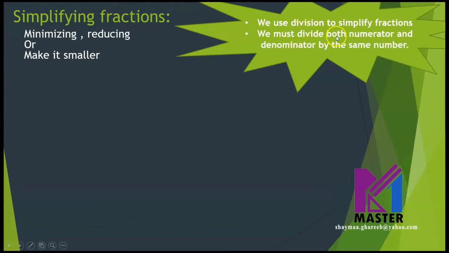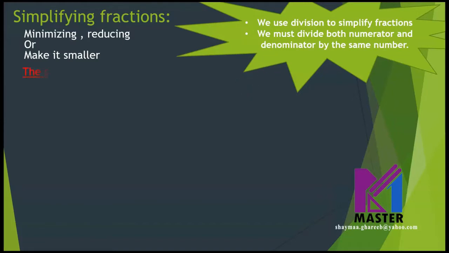We must divide both numerator and denominator by the same number. So we divide up and down by the same number, for example by 2, or by 3 or by 4. It depends on the number.